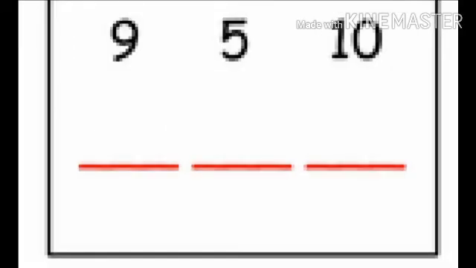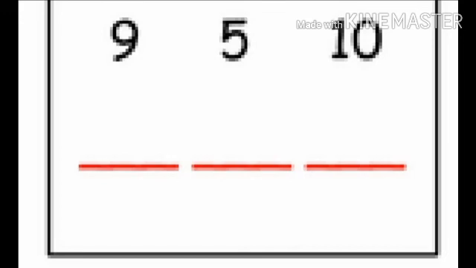One more example. Count the numbers 9, 5, 10. Now we have to arrange them from smallest to biggest. So find out which is the smallest number. Yes, number 5 is the smallest among all three numbers.